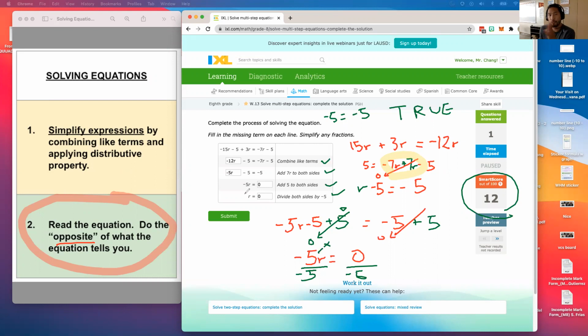But as you move forward in this skill, you can do things in your own order, okay? You might add 5 to both sides before you add 7r, right? You might deal with the constants before the variables. That's totally up to you. But at least in the early parts of this skill, they're going to tell you specifically what to do. And so you need to interpret their moves. But as you go further, you get to make your own moves.